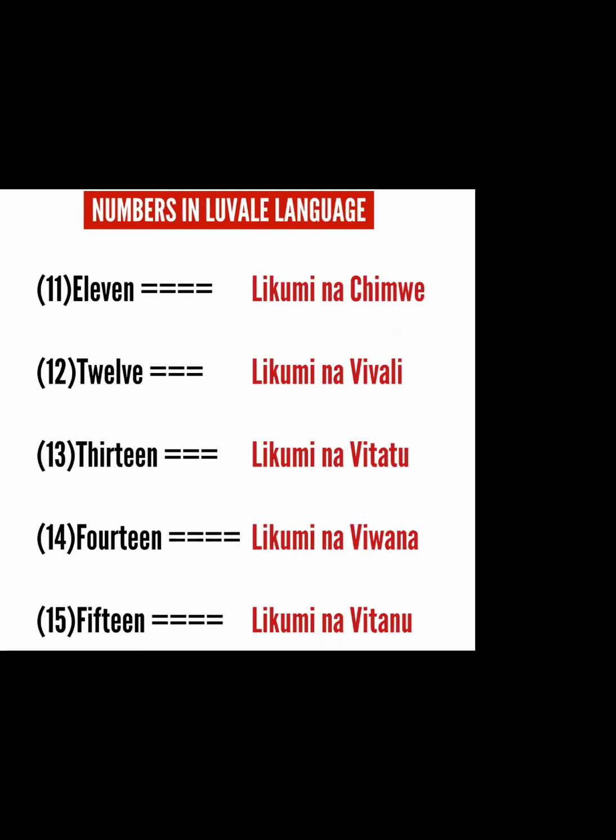So likumi and chimwe will make 11. When we are counting in Luvale, we say likumi na chimwe. Take note, na means and.